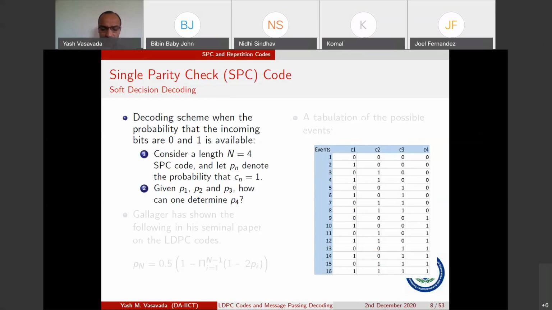So the BPSK demodulator, in addition to giving the decoder the hard decisions, whether each BPSK symbol corresponds to bit 1 or bit 0, can also give the probability of whether the transmitted bit was 1 or 0. That probability it can form using Bayesian math.